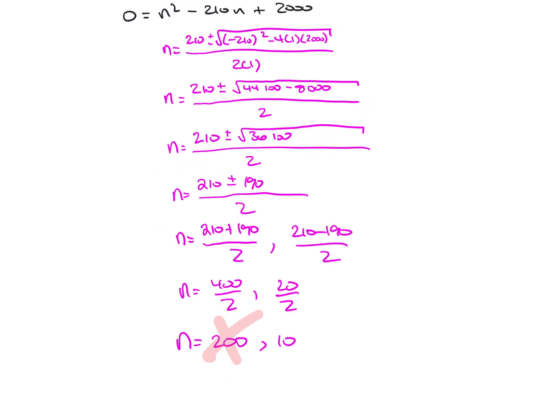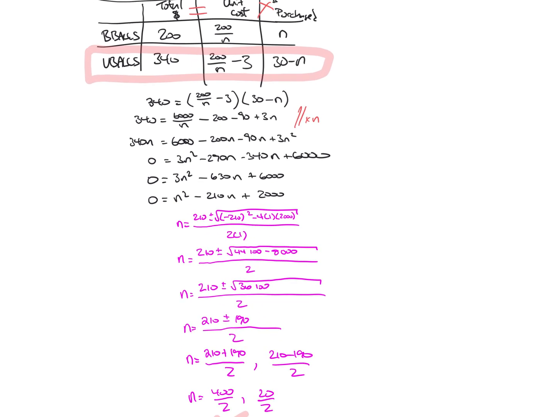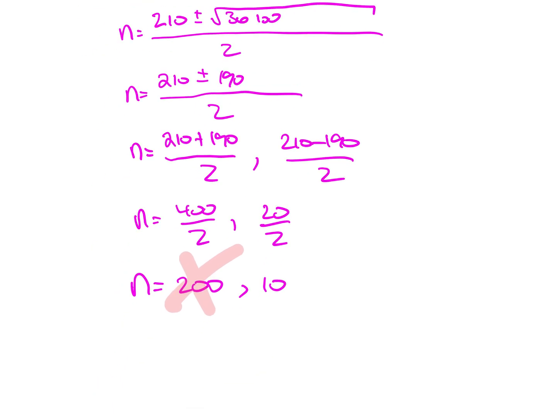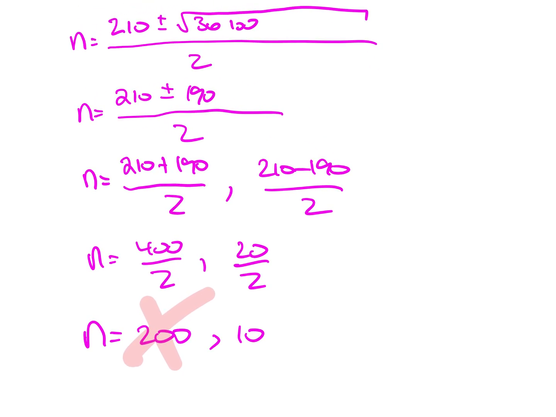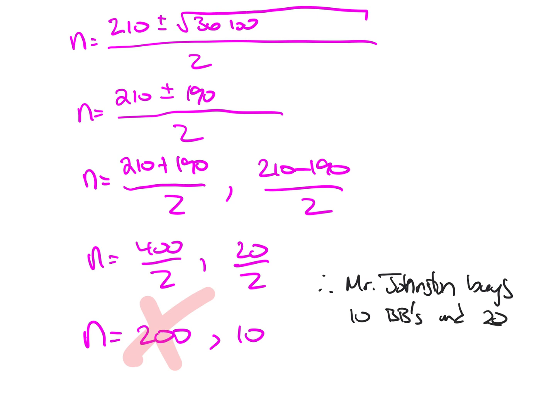In our table, N represents the number of basketballs. So we would write, therefore, Mr. Johnston buys 10 basketballs and 20 volleyballs.